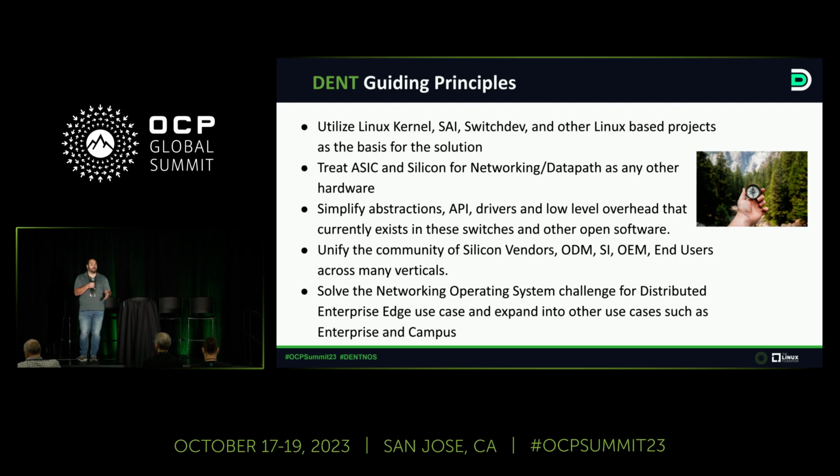So one of the things we wanted to do is ask how we can make switch silicon work just like every other hardware component in a Linux box. You can download an open source driver and drive that switch silicon without having to worry about all of the backend. And if you want to do something unique, just like with any other piece of hardware in Linux, there are ways to interact with the company that provided that hardware to enable advanced features.